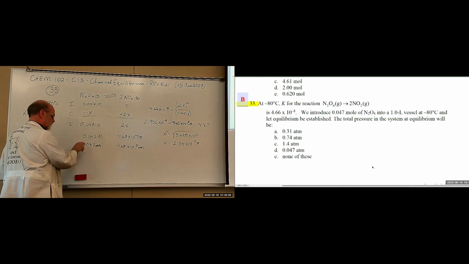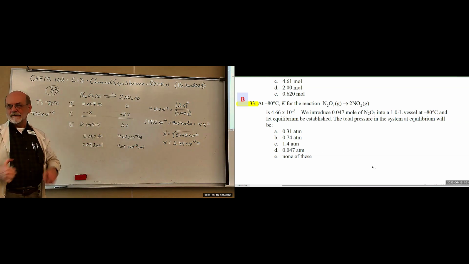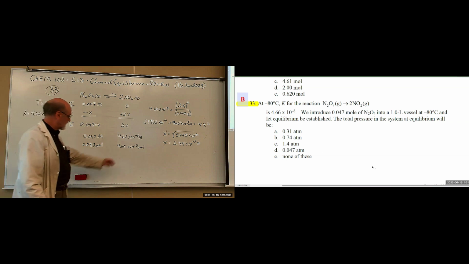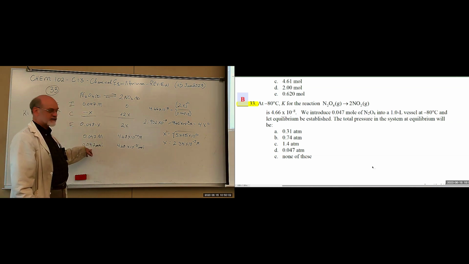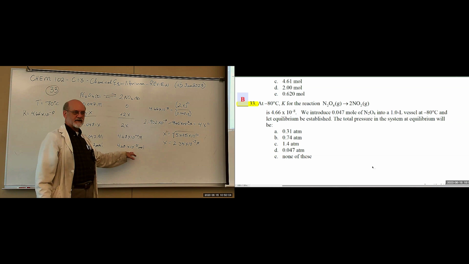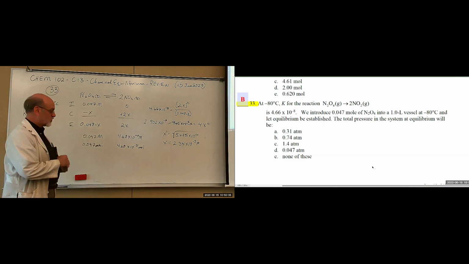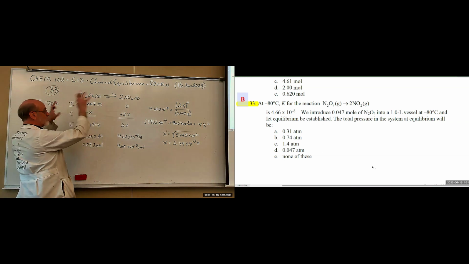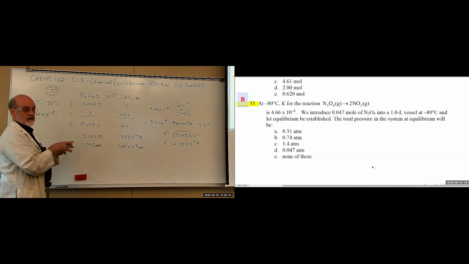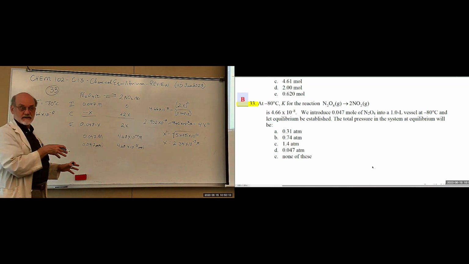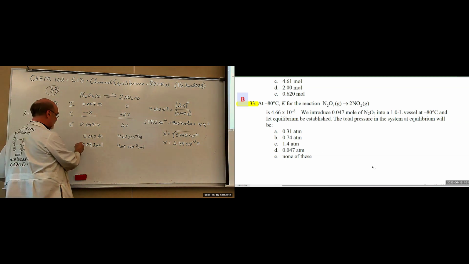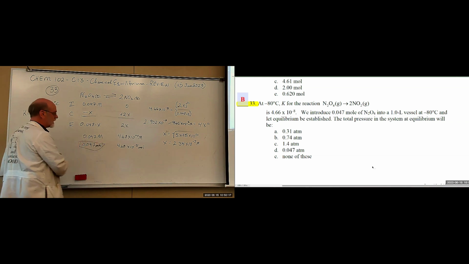How is that going to change this one? It won't. 10 to the minus 5th, and this is 10 to the minus 2. That's 3 orders of magnitude smaller. So add those two together to get the total number of moles, because that's how we're going to calculate pressure. We need the total number of moles of gas.